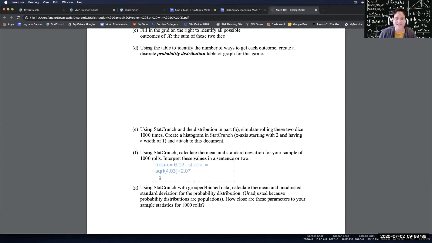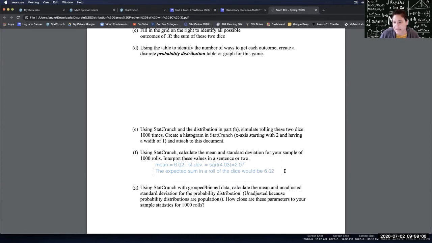So the mean, we'd say the expected value. I think we're summing the dice. The expected sum in a roll of the dice would be 6, and it would be 6.02, even though we know we can't get that. We know that we could get an average of that.